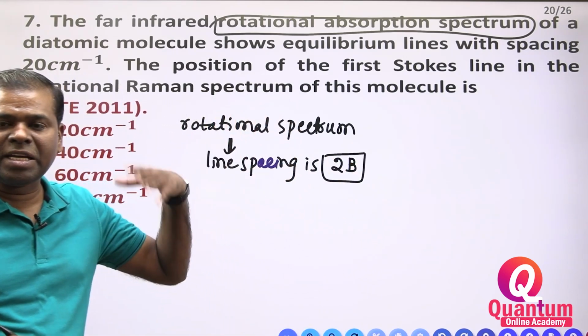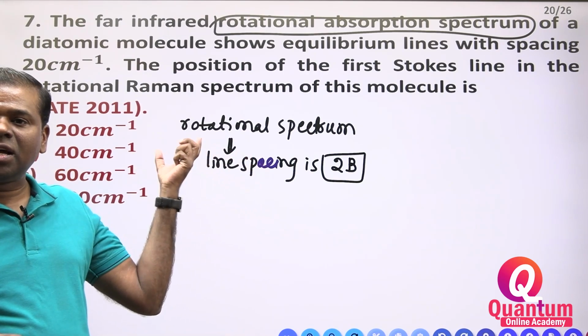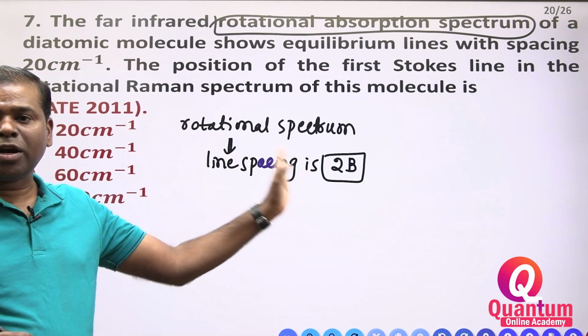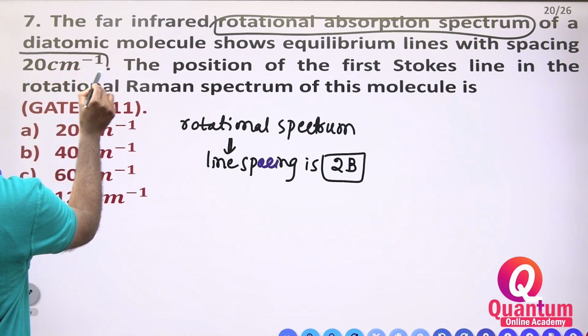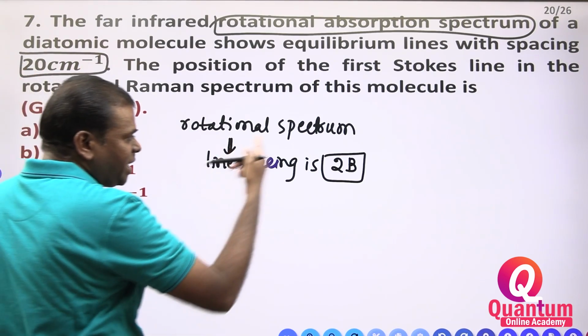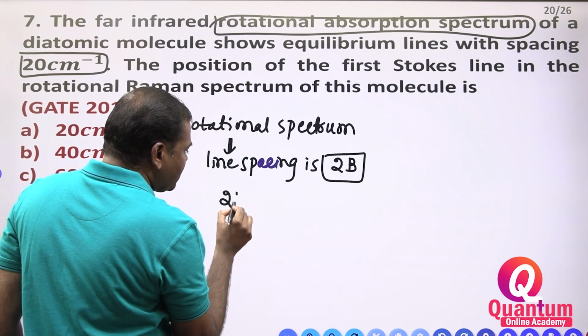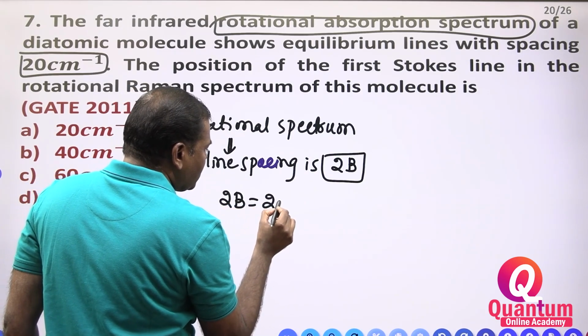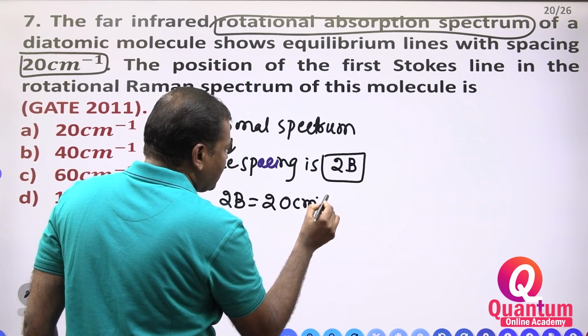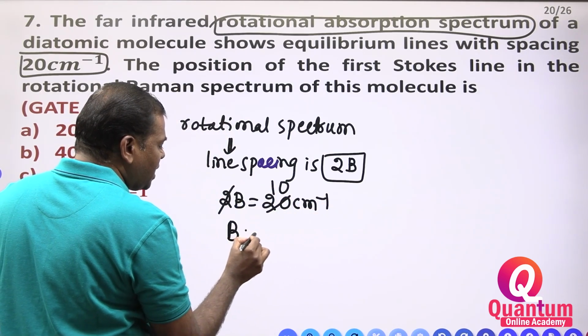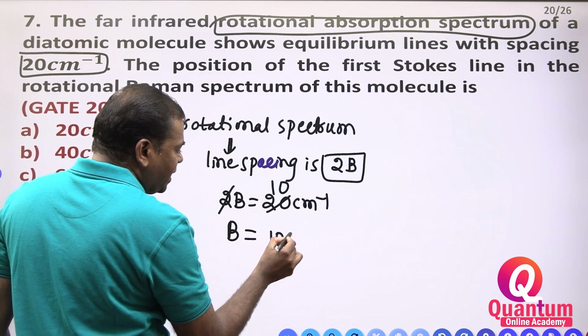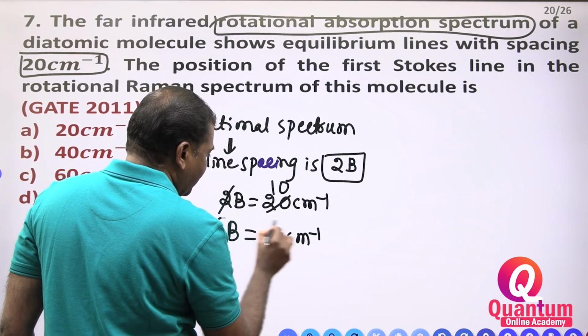What is the line spacing between the two lines? 2B is there, and they are giving 2B equal to 20 centimeter inverse. Two ones are 2, two tens are 20. Therefore, B is equal to 10 centimeter inverse.